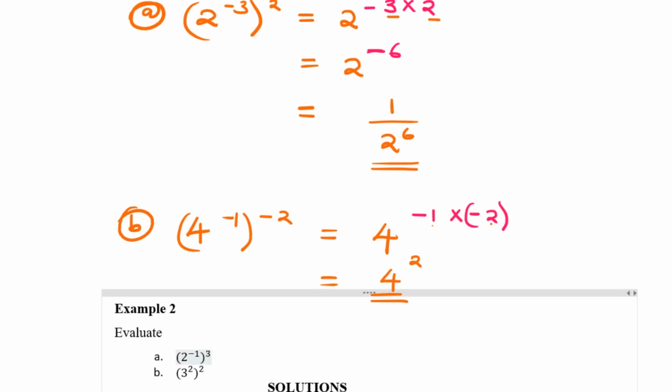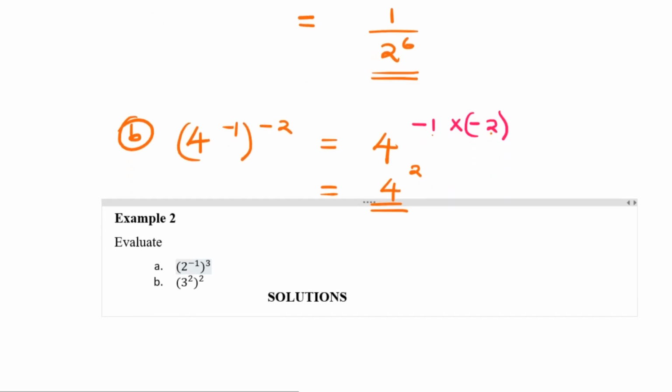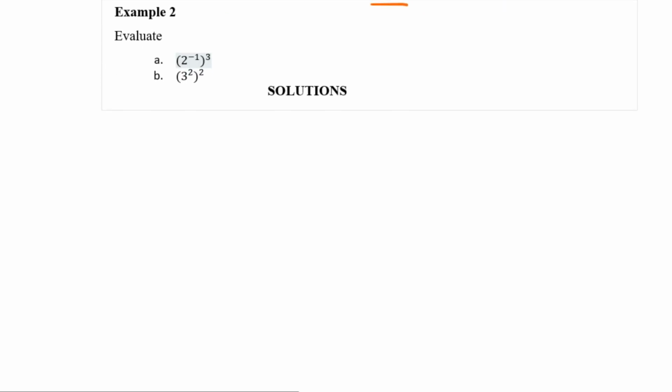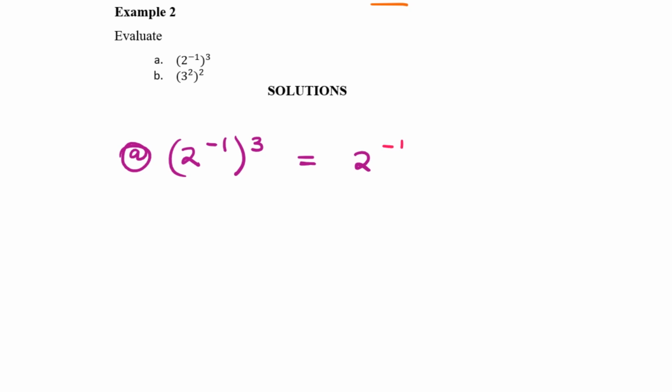Then we can proceed to example 2. Example 2 says evaluate. So here we are finding the actual values. The value of A is 2 to the power negative 1, and outside the brackets there is a 3, so we are saying 2 to the power negative 1 multiplied by 3.